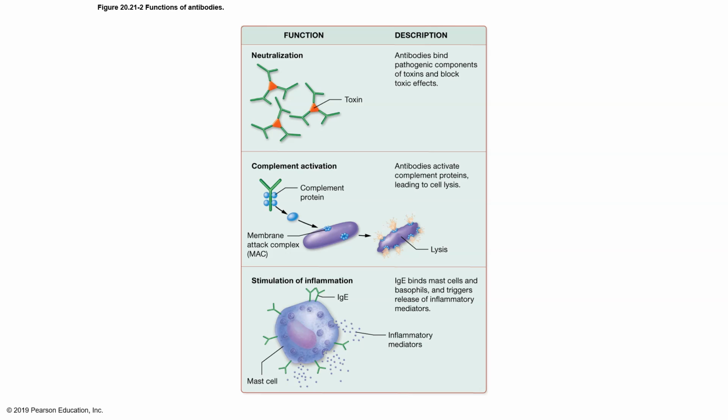Neutralization, where the antibodies bind the pathological components of the toxins and block their toxic effects. Complement activation, where this is your antibody, there's your complement proteins. That leads to a membrane attack complex, which then leads to cell lysis. And stimulation of inflammation, where IgE binds to the mast cells and basophils, and then triggers release of inflammatory mediators like histamine. That's called degranulation.